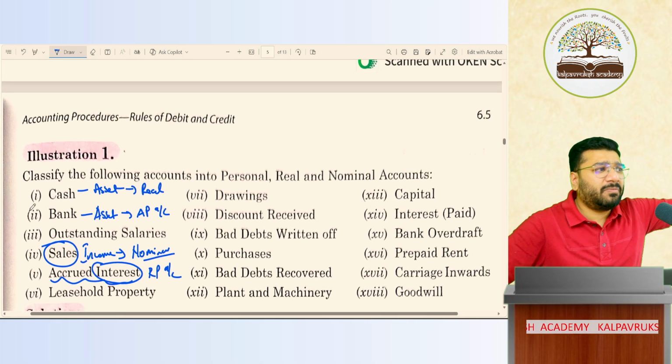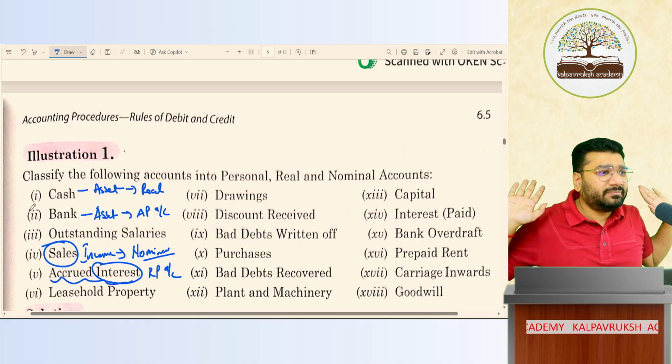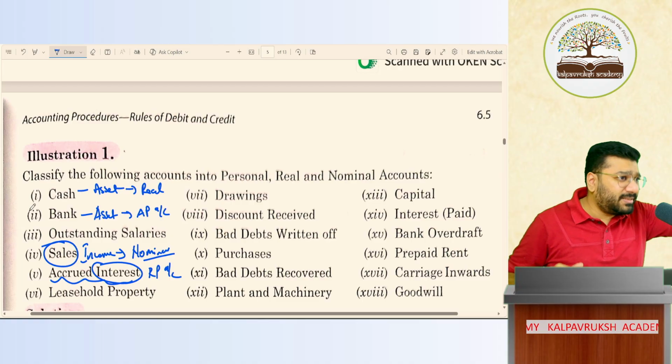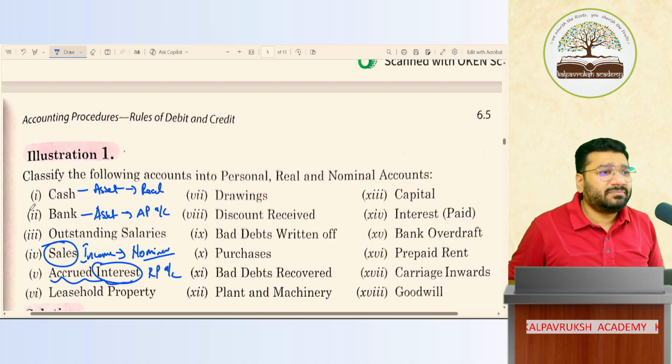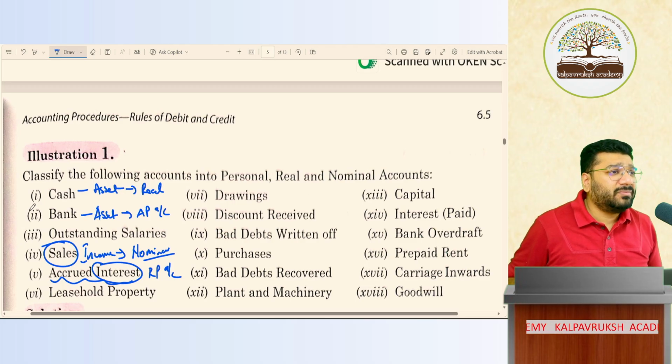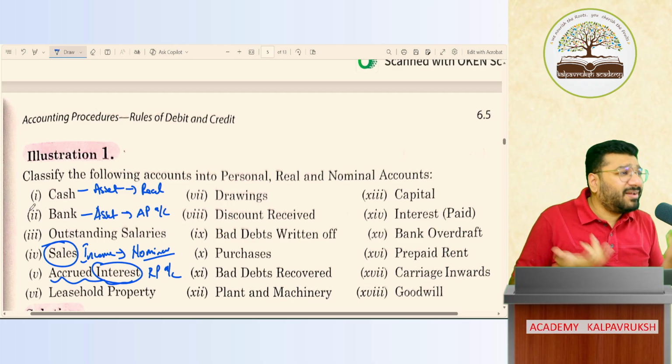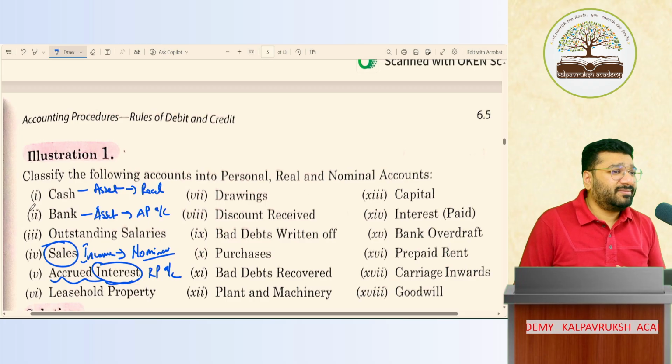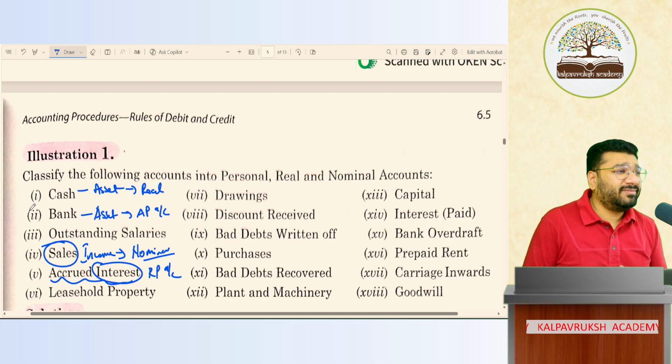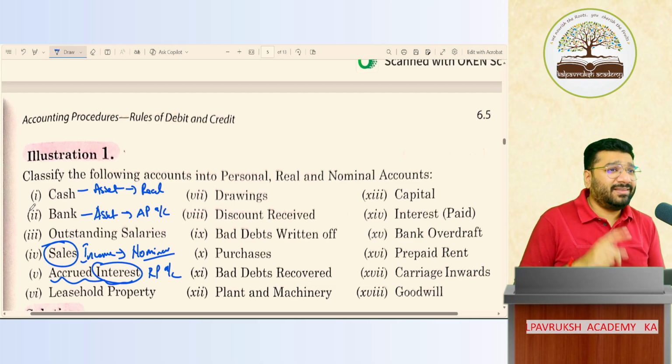If you're not interested, I can stop the class here. I have no problem. Next class I've cancelled. I'm sitting and taking class for whom? What are you supposed to do? Respond. Where is the response? Kerala Malayalam based, Tamil based, Kannada based.